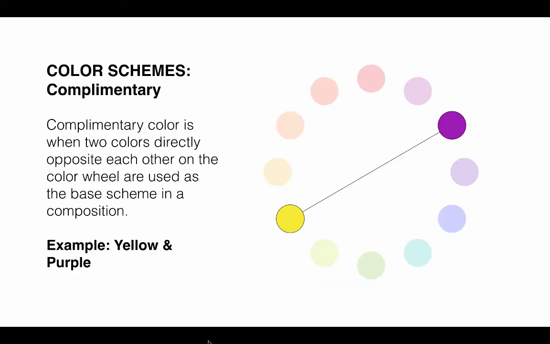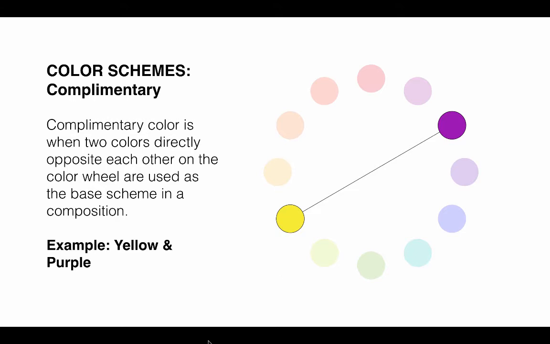Okay, so another color scheme is complementary. You may have heard the word complementary used before, and maybe you've heard it used correctly, maybe you haven't. Technically, there is an actual complement to a color, and it doesn't necessarily mean that it just complements it because it looks nice. There is something called the complementary color that is directly across from another color on the color wheel, right?